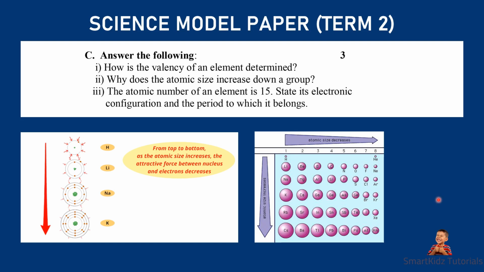That is why across a period, where the attractive force of the nucleus becomes stronger, the atomic size decreases. Whereas down the group, since new shells are added, the nuclear attraction weakens, and as a result you have larger and larger sizes with weaker forces attracting the electrons in the outermost shell, or the valence shell electrons.